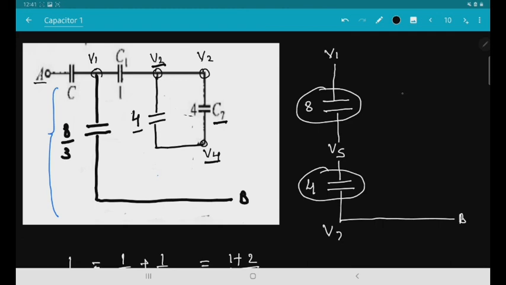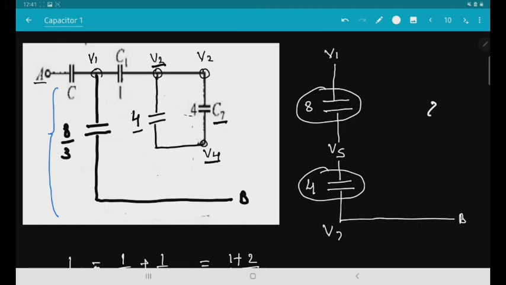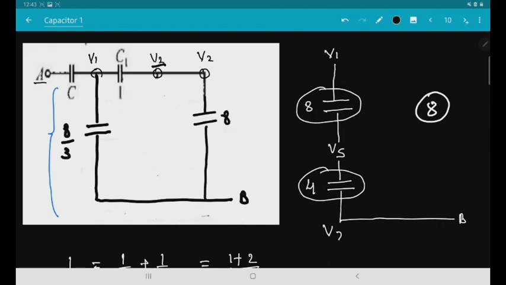The total of these two is 4 plus 4, that means we will get a capacitance of 8. So this whole branch we can replace by a single capacitor of 8. Okay, let me replace that. So now that branch is replaced by a capacitance of 8. Again you can do the same thing for the remainder of the capacitors and find the answer for the total capacitance.